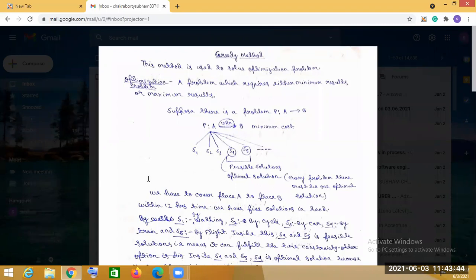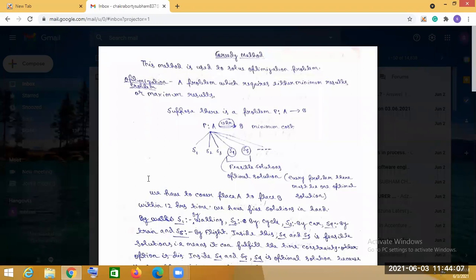Now we are taking the property of minimum. Both solutions can be feasible, but we have to take minimum cost, meaning minimum result. If we compare both solutions, the minimum cost will be by train.